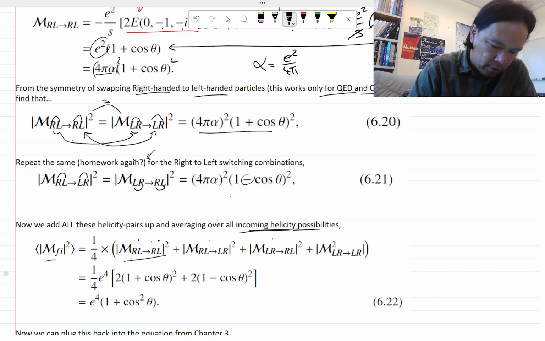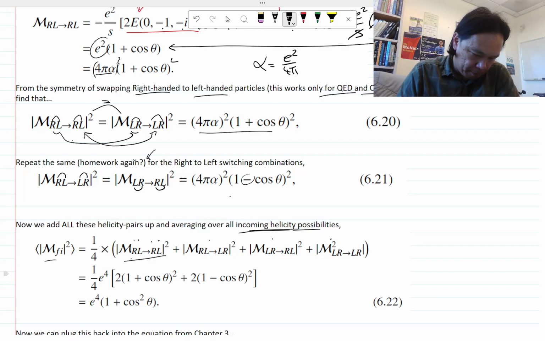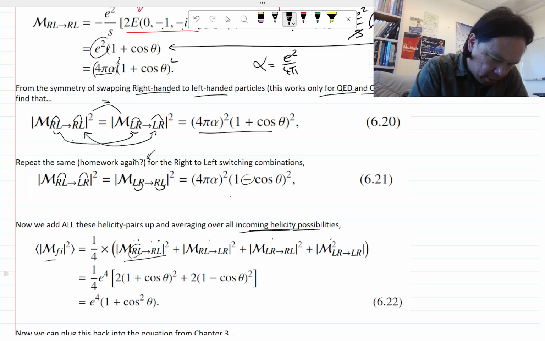Similarly with these other 4 terms. These are 4 possible incoming, sorry, incoming and outgoing helicity probabilities.